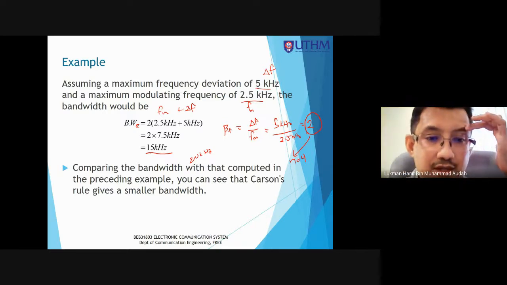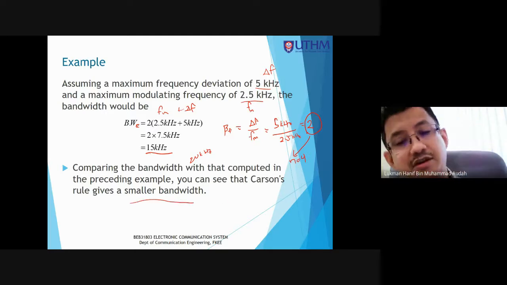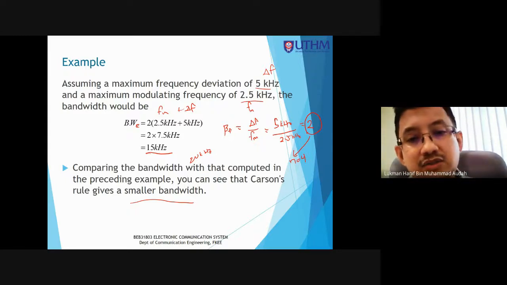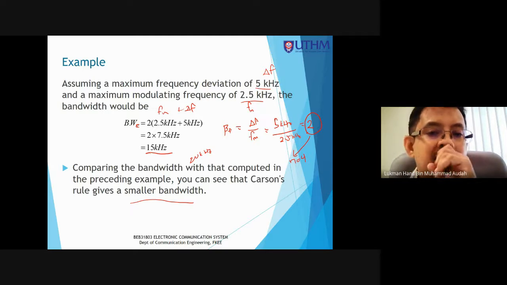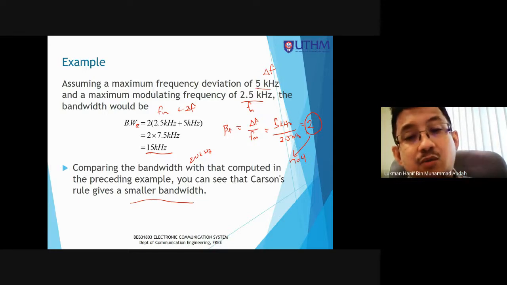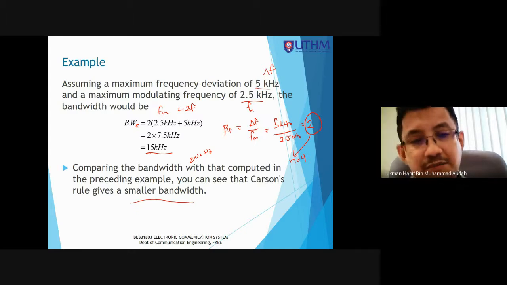Comparing both, you can see that Carson gives a smaller bandwidth. This is stated here. If there are any questions, please ask. Usually in the exam we ask both: calculate the bandwidth by Bessel and compare it to the bandwidth by Carson, so you can see the difference.